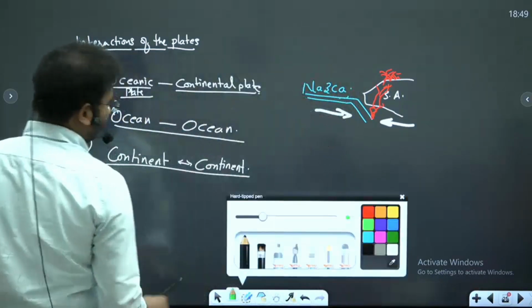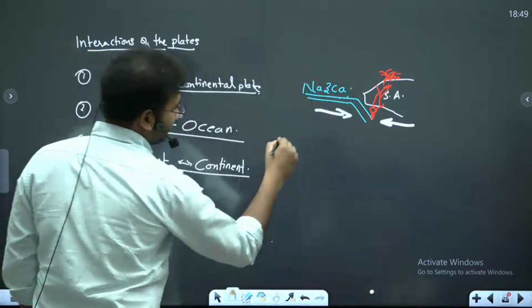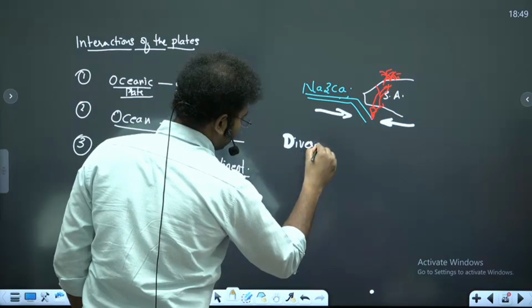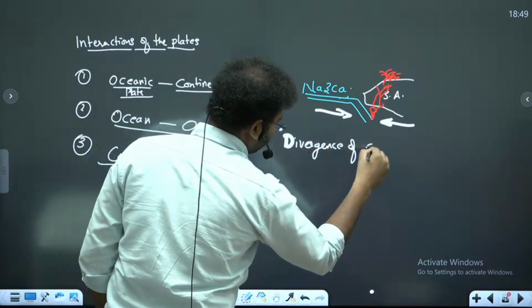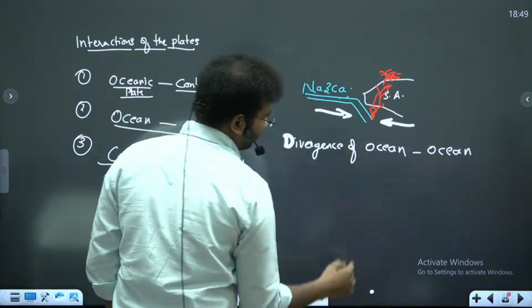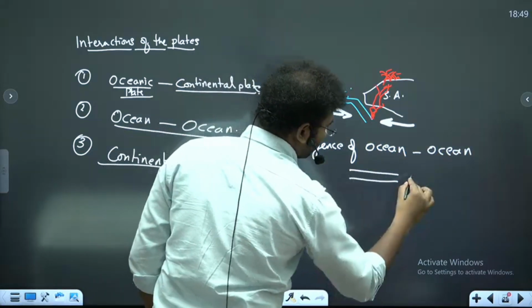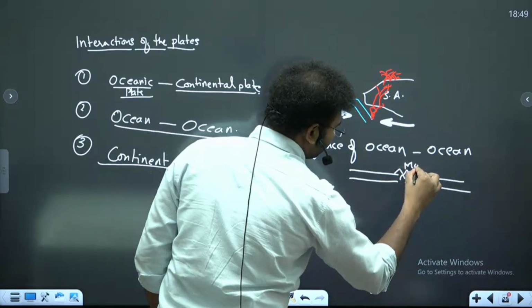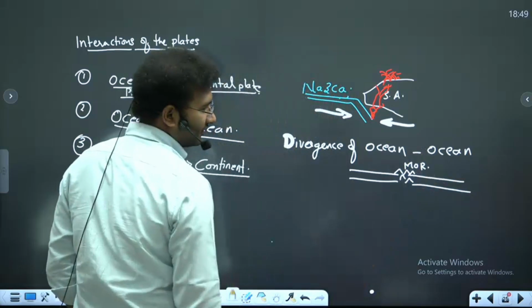Yes. Now, one case which you have seen is, what are they formed here? Middle oceanic ridges, right?